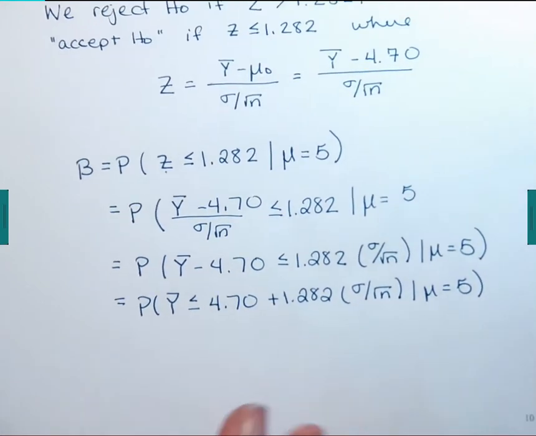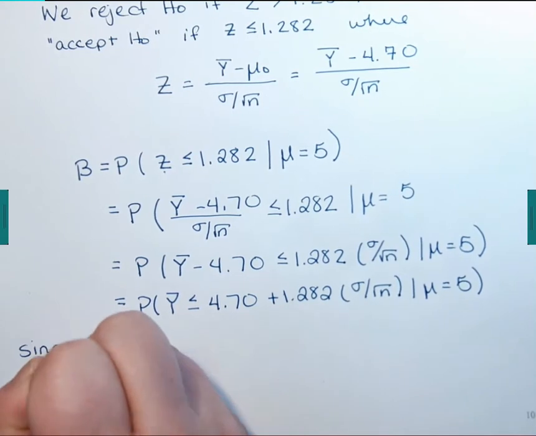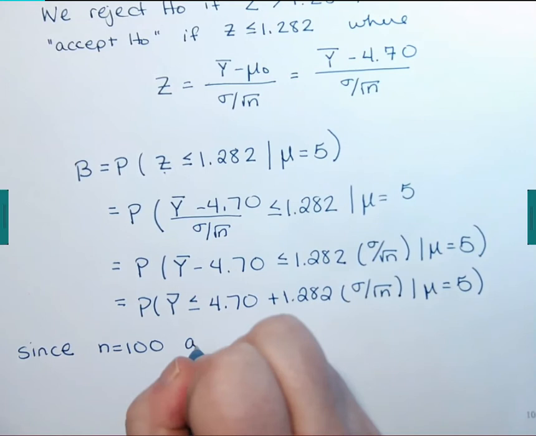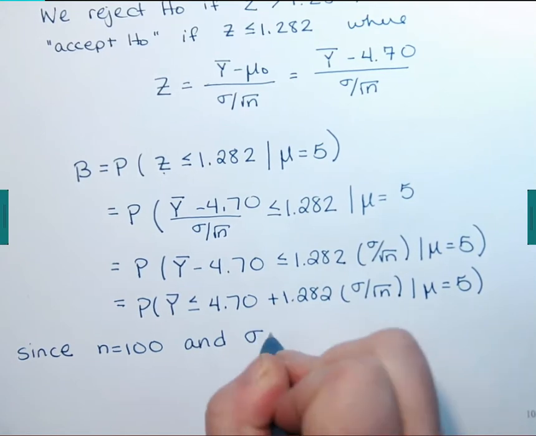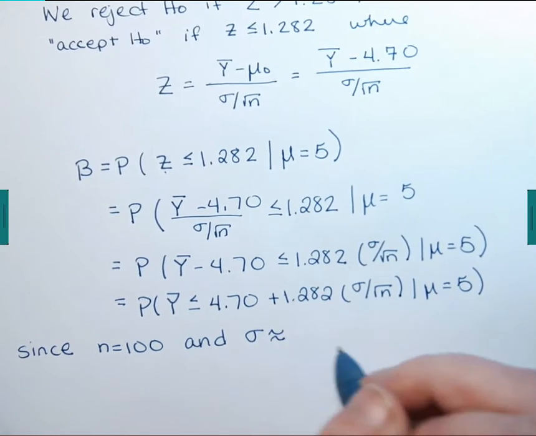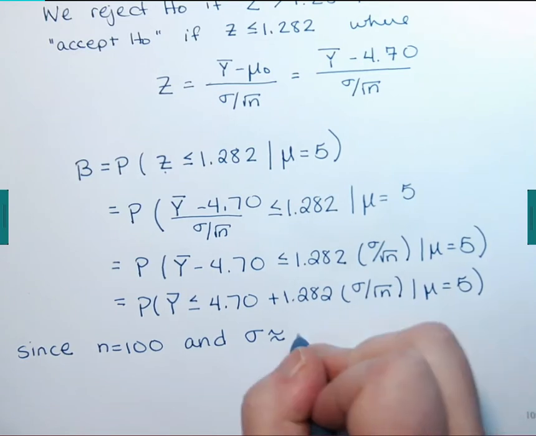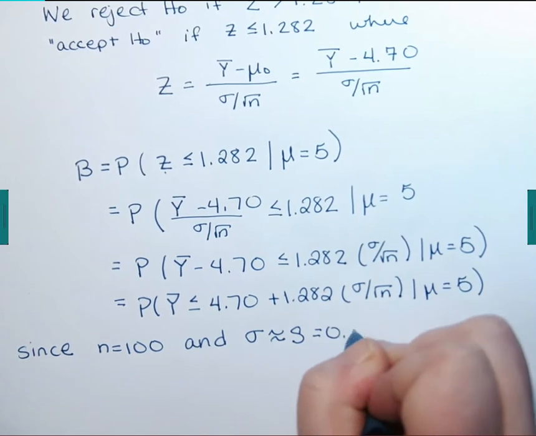Now we're given what the sample size is. Since n is equal to 100, and we're going to approximate the population standard deviation with the sample standard deviation, we're going to assume that the population standard deviation is approximately equal to the sample standard deviation, which is equal to 0.80.